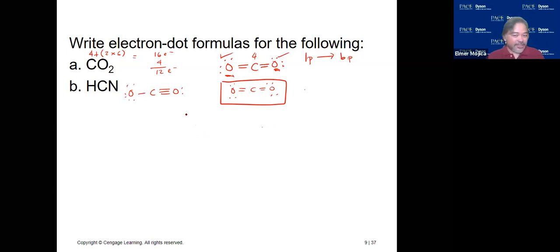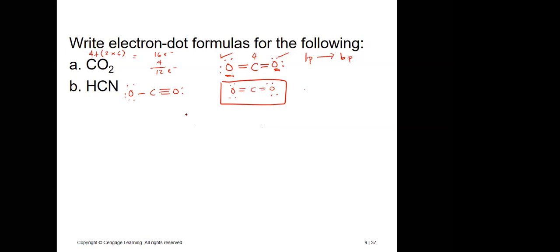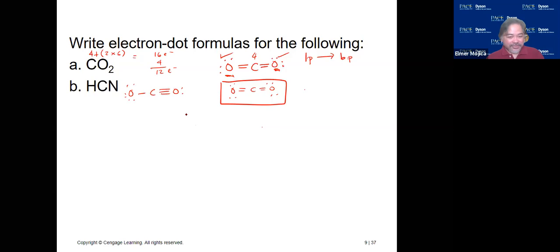Is this possible? No, because it's not stable. But if you count the electrons that you have there, it's possible, right? How many do you have? 16. So 1, 2, 3, 4, 5, 6, 7, 8. So it is possible.